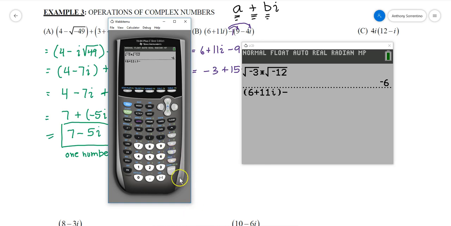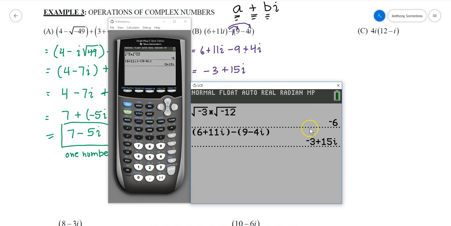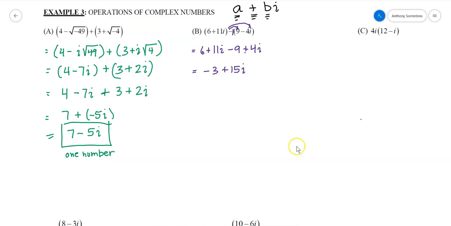And then I subtract the 9 minus 4i. Once I start putting those i's in there, this is going to tell the calculator, even though I'm in real mode, to write this as a complex number. And as you can see, I get the exact same answer as we have right here. So addition and subtraction is just basically combining like terms.